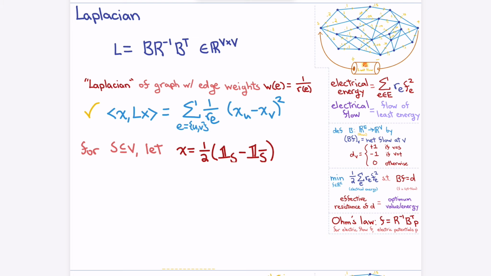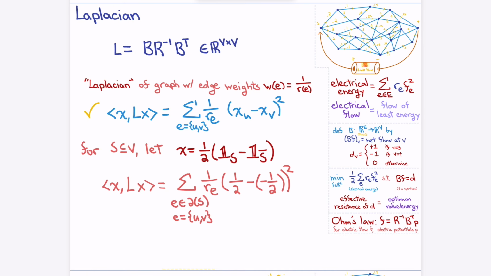And if I pick some set S and I put 1/2 for everybody in the set and -1/2 for everyone outside the set, and I repeat the same calculations from before, you're going to get something like this. Here's the edge weight, but you'll get 1/2 minus -1/2 for all the edges that are in the cut. We're dropping all the edges that are stuck on one side, in S or in not S, right?